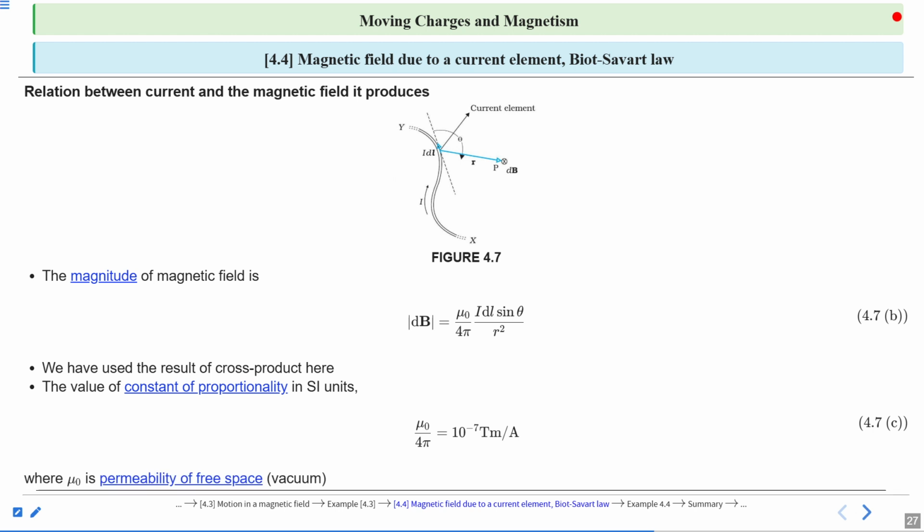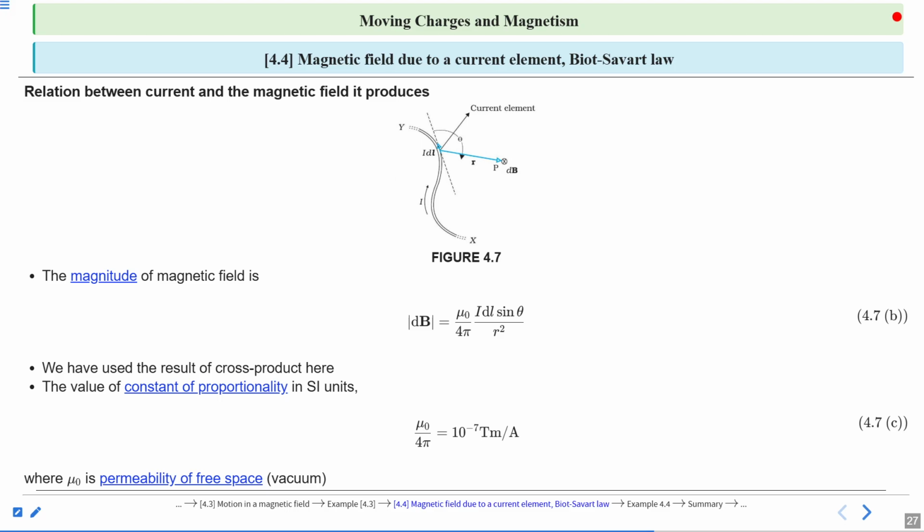where mu naught is the permeability of free space. It is somewhat identical to epsilon naught, that was permittivity of free space, but mu naught is permeability of free space. What was permittivity? Epsilon naught.